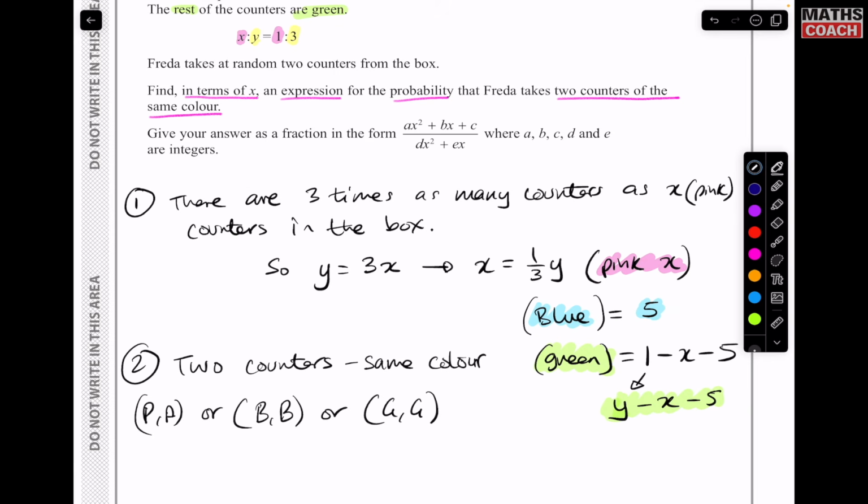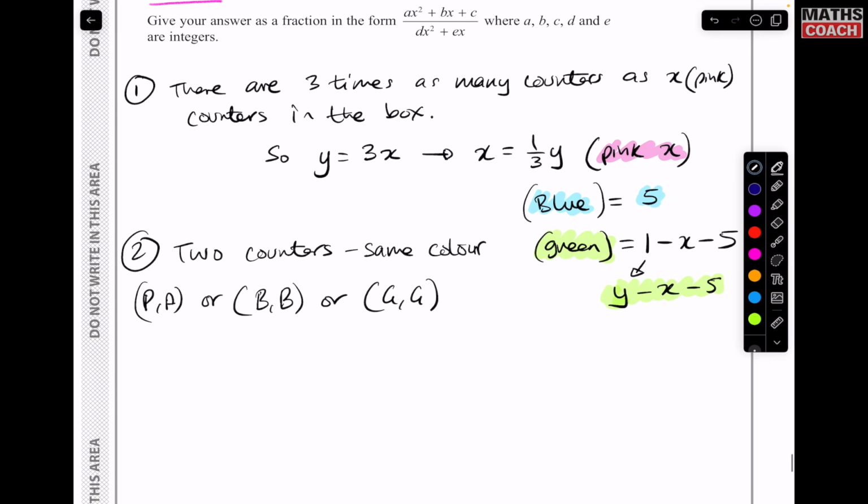That's 2 counters of the same color. If we focus on the pink and the pink, that is x over the total number of counters, y, times the second pink. Now I'll have 1 less pink, so x minus 1, over 1 less counter overall, y minus 1. That is the probability of a pink and a pink.